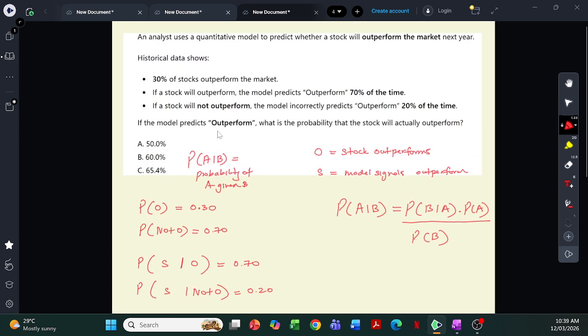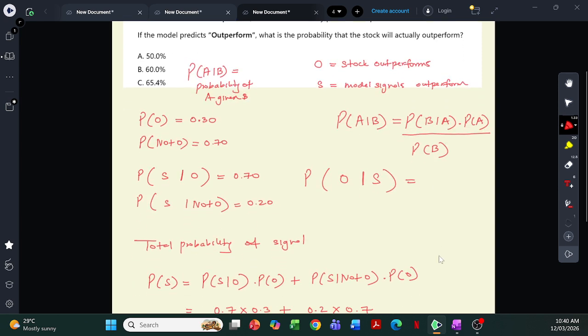The question is asking if the model predicts outperform, what is the probability that the stock will actually outperform? So this is basically what we're trying to find.